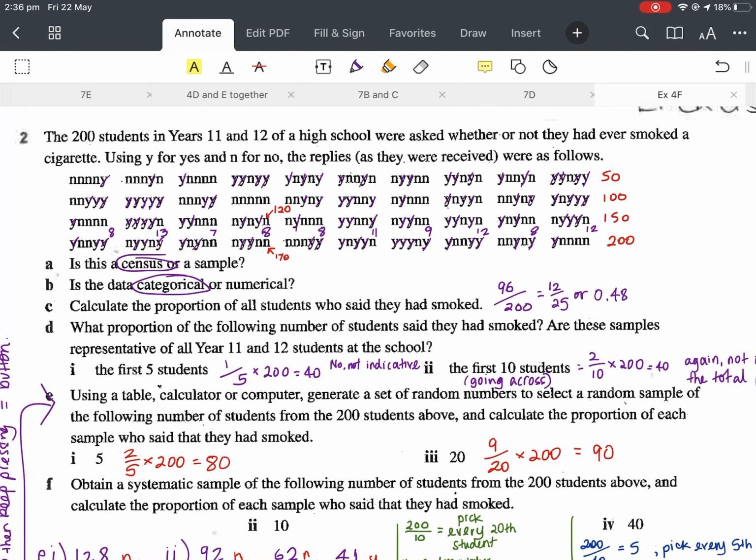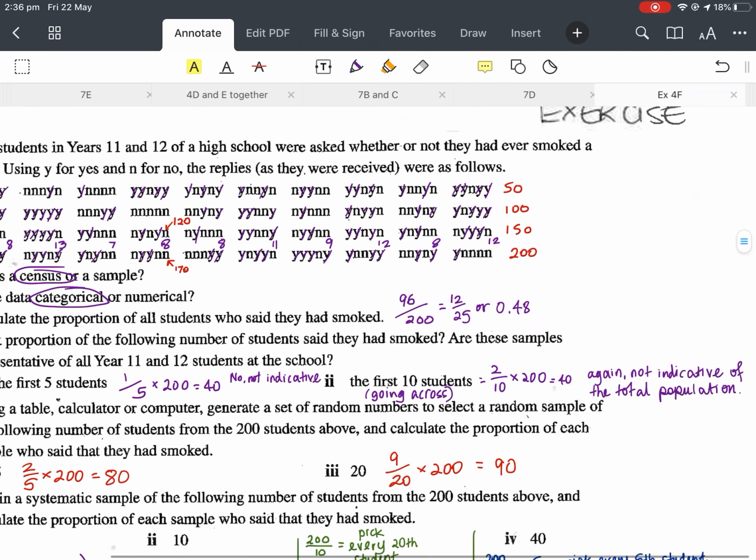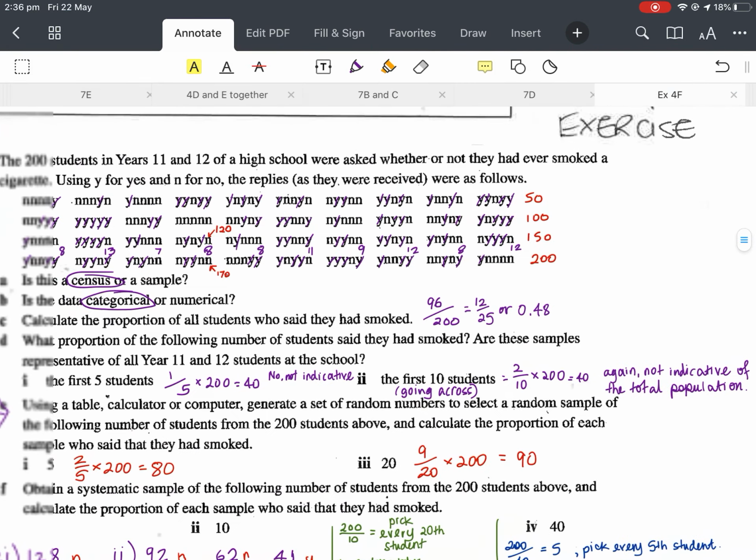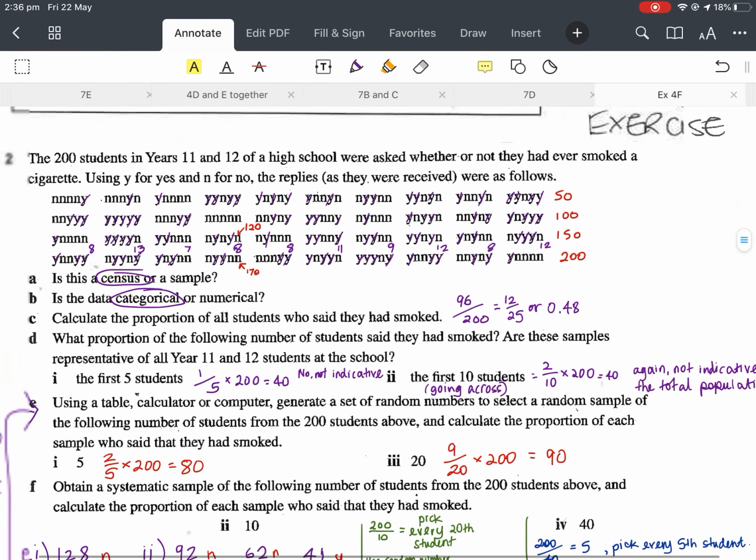So 40 out of 200 is not indicative of the total population. What this question is trying to show you is that picking the information this way really doesn't give you a proper sense of what the students are answering.